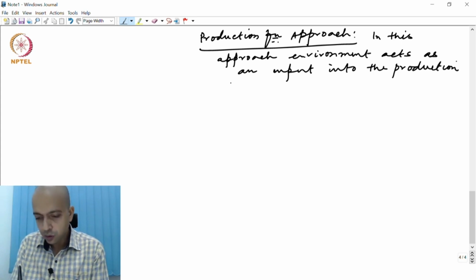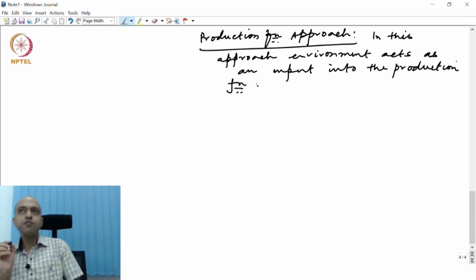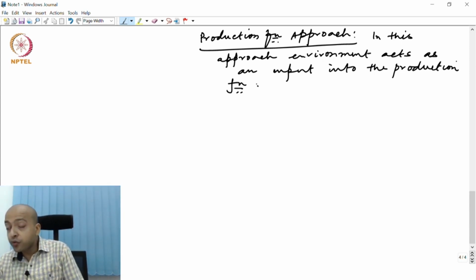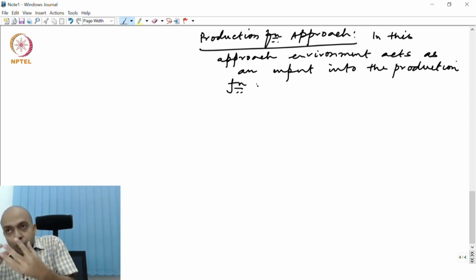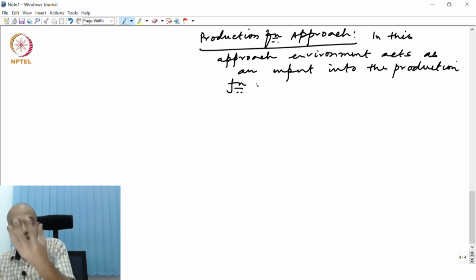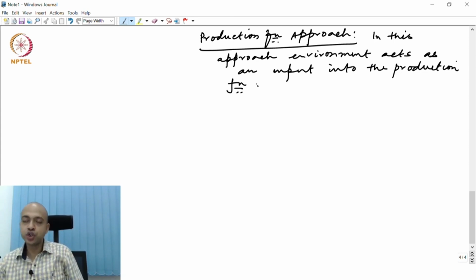For example, when we are talking about the valuation of a wetland, maybe the water from the wetland is used for irrigation purposes. Then when the water from the wetland is used for irrigation, that means the wetland is entering as an input in the production process. So by calculating the contribution of that irrigation water to the nearby farmer's production value, we can actually calculate the economic value of the environment through the production function approach also.